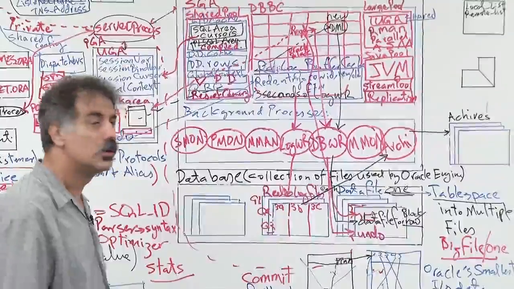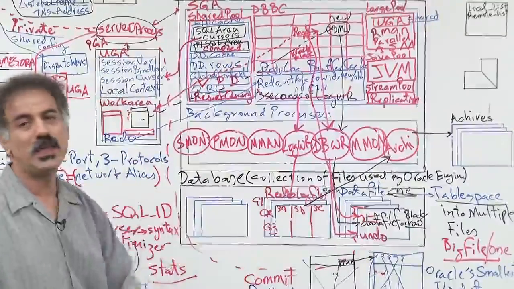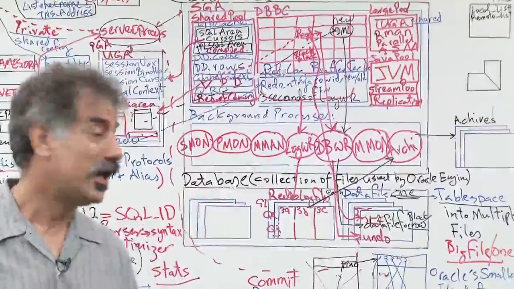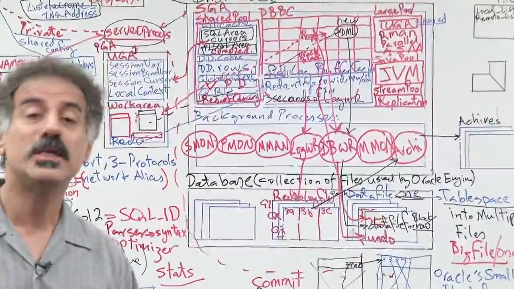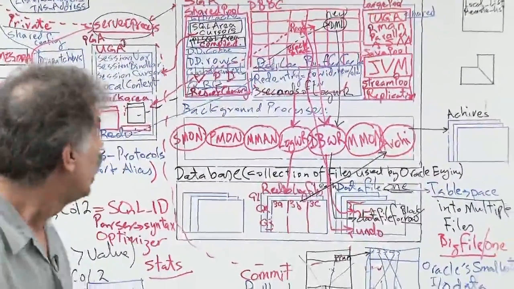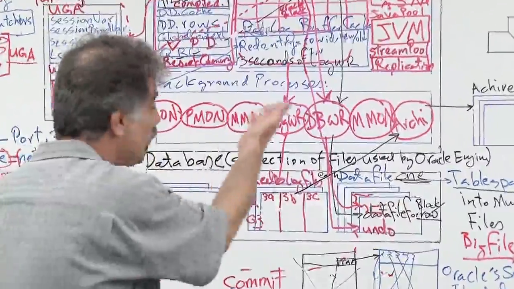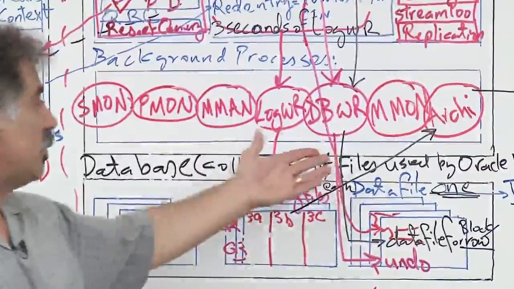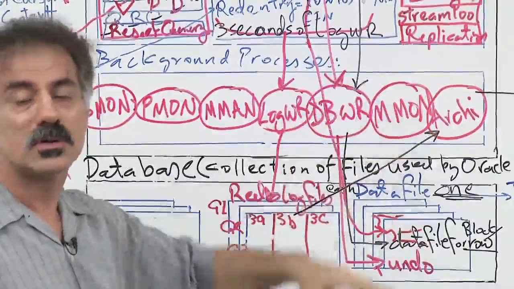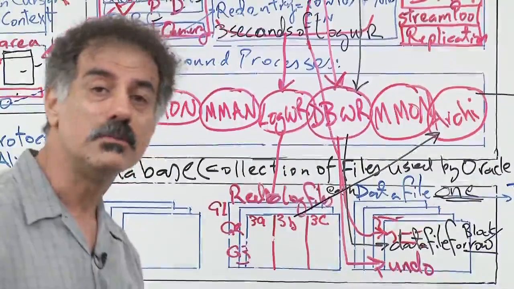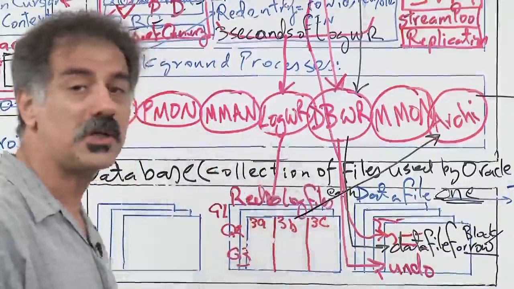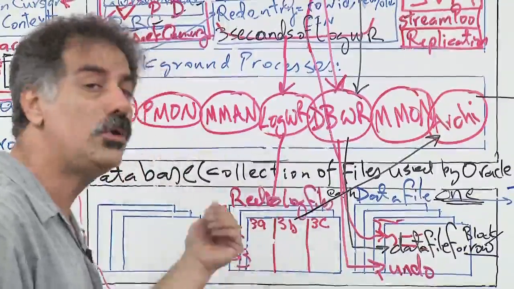And of course, when you have so many processes working behind the scene, many times we need to keep track of what they do. Okay? And we need to make sure that they do fire in the proper order. Like at the time a snapshot is needed, MMON starts up and fires the snapshot. When log writer gets a commit, log writer gets signaled to write the redo.